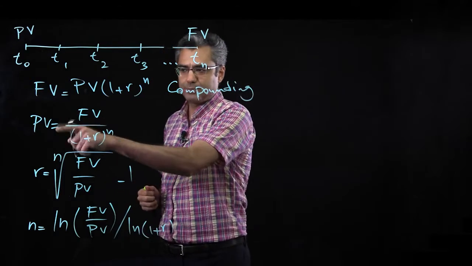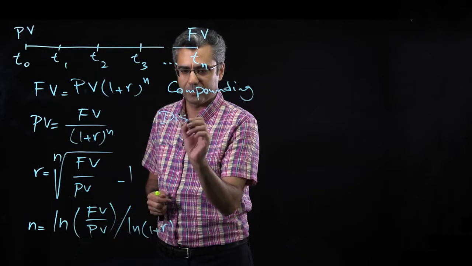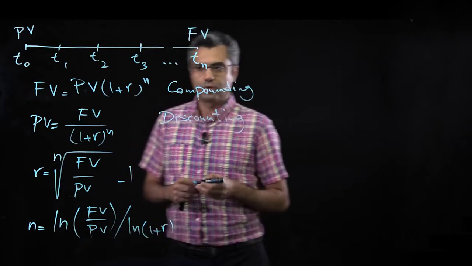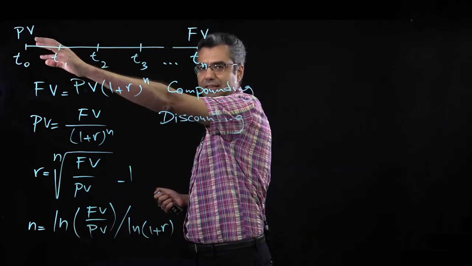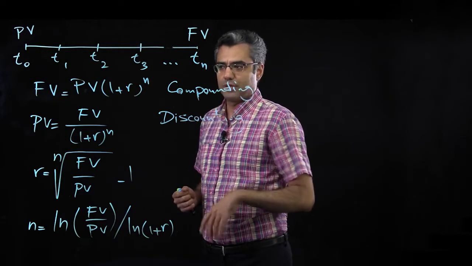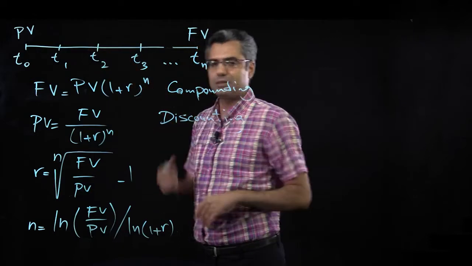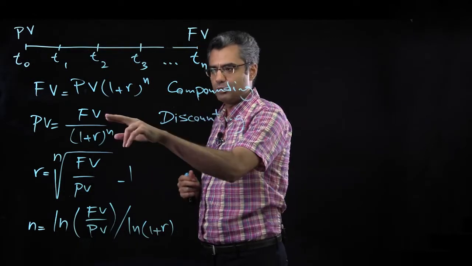When you compute the present value based on future value, this is called discounting. So compounding means you have the present value, you take it to the future. Discounting means you have the future value, you bring it to the present time. You want to know what's the value of a future cash flow today.